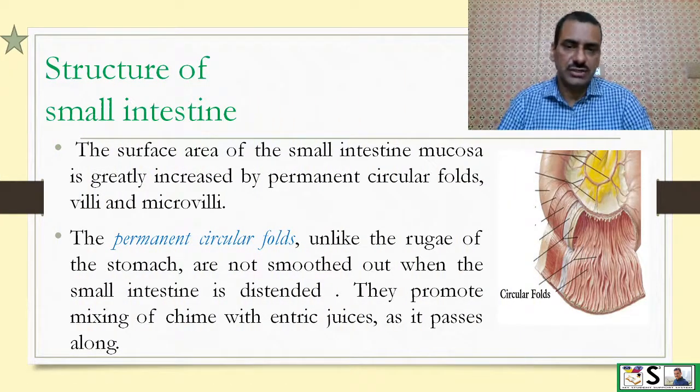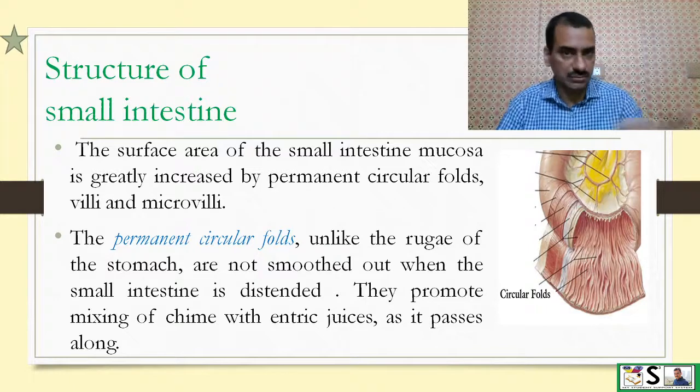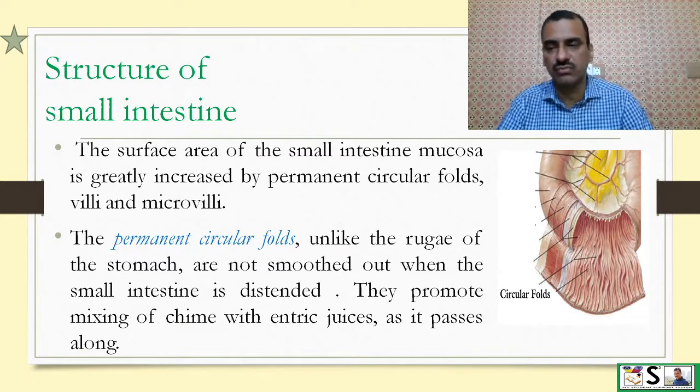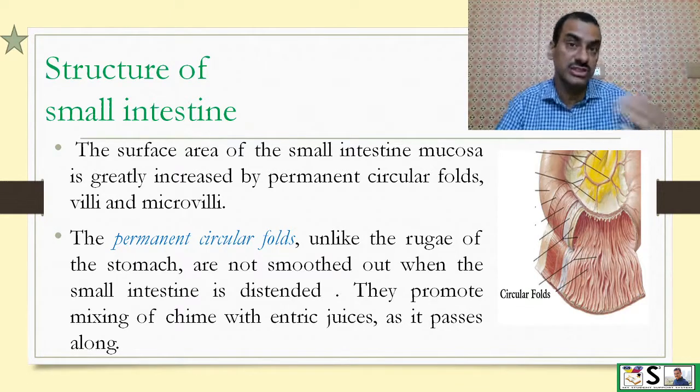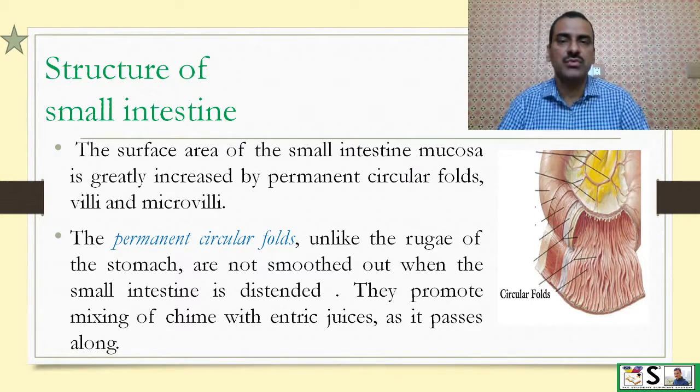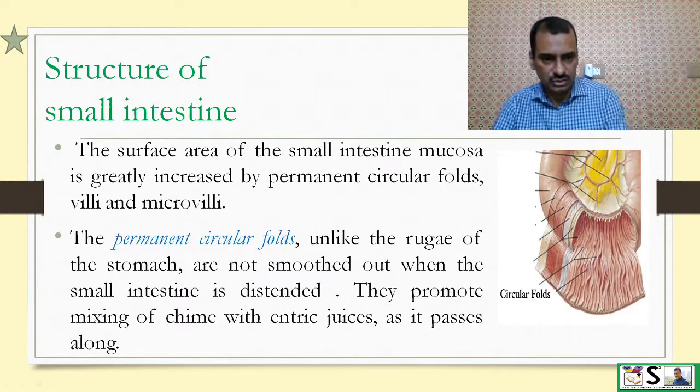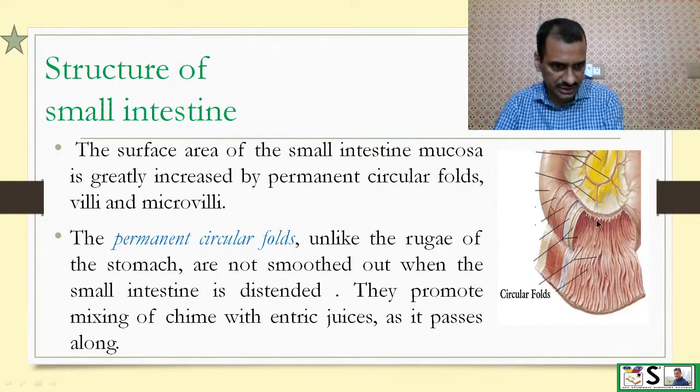The surface area of small intestine, meaning the mucosa, is greatly increased by permanent circular folds, villi and microvilli. So these three structures are there which increase the surface area of small intestine. Here you can see these are the circular folds and these are permanent.